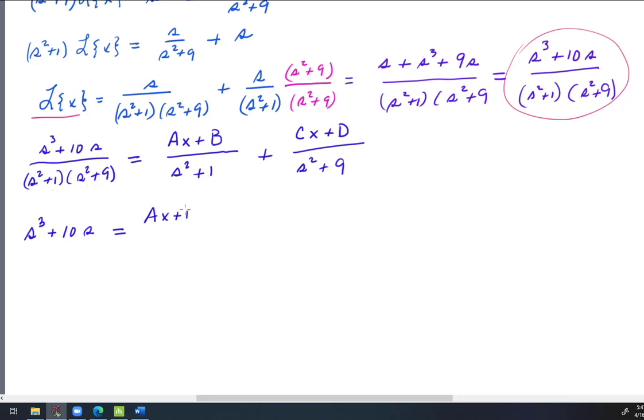So I'll have (ax plus b) times (s squared plus 9), and the s squared plus 1 cancels with the s squared plus 1. So that's the first term. Plus, now when I multiply here, (cx plus d), and I'm multiplying by this product, the s squared plus 9 cancels out, but I'm left with an s squared plus 1.